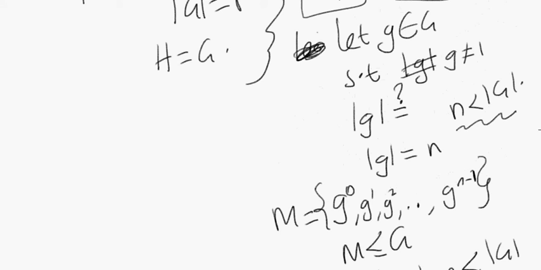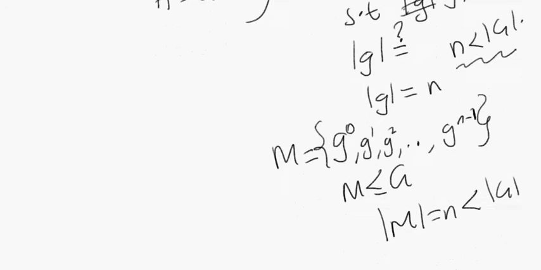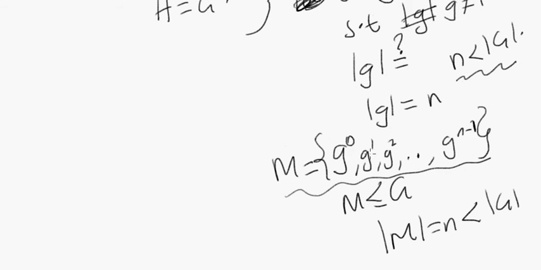Is that possible, given that the only subgroups of G are G itself and the identity? Well, is M the identity? Given that it's generated by some non-identity element, can M be the identity? So is M the identity? Question.